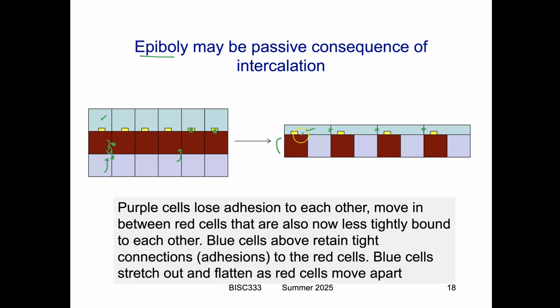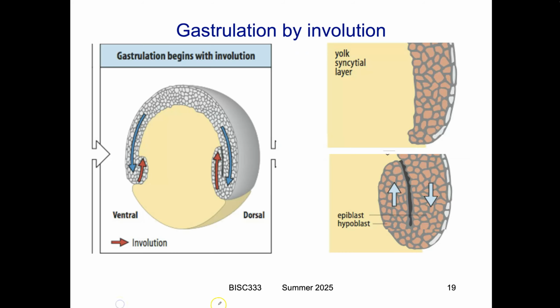It may be a consequence of the intercalation going on below them at the lower level, because they are maintaining connections to the one layer of cells, and now we're squeezing additional cells in between. So that's kind of the idea about that.